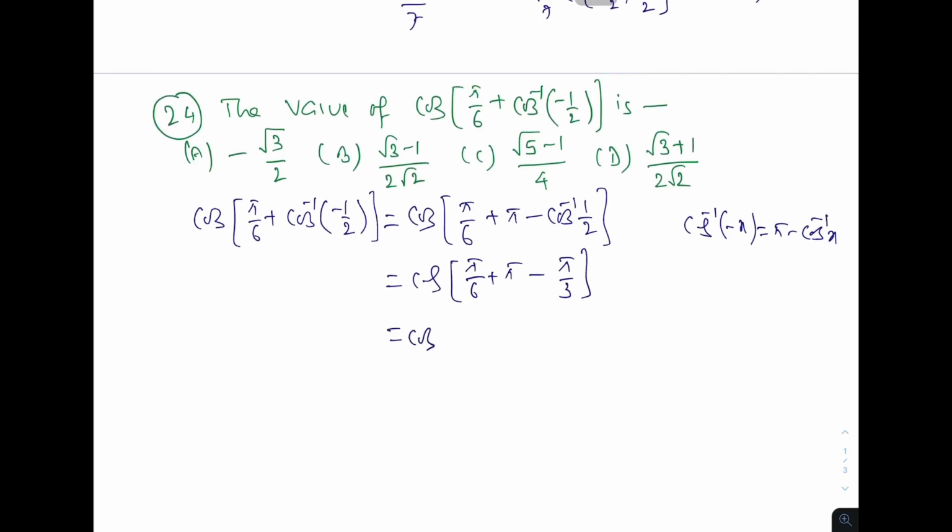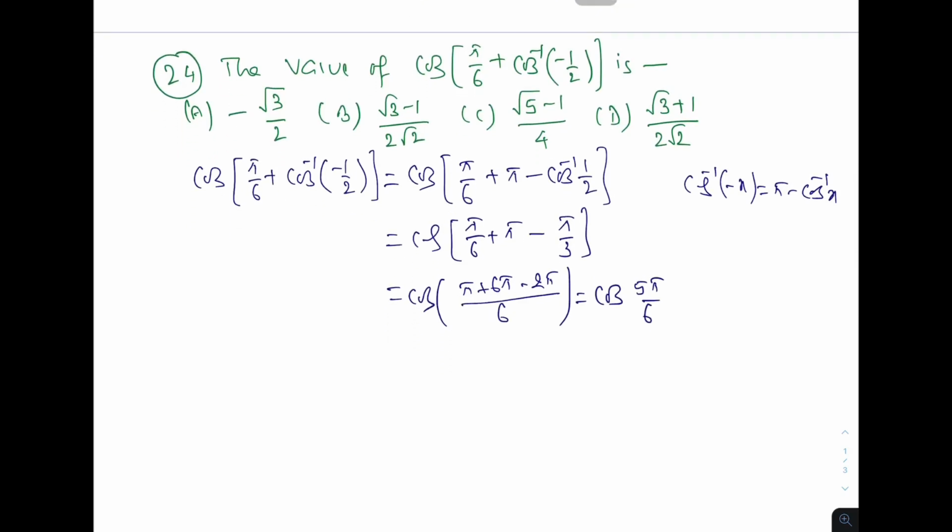And so we can now simplify this: pi by 6 plus pi minus pi by 3, which is 5 pi by 6.